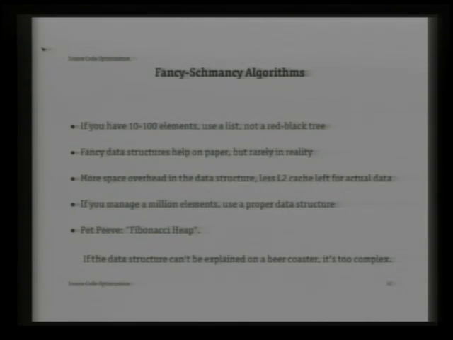Not only does it not make it faster, it also has more overhead because trees have next pointers and left pointers and child pointers, and all of this stuff pollutes the cache. In reality it's usually fastest to do it the simple way. If you see someone use Fibonacci heaps, just shoot them, okay? If you do manage 1 million elements, then you should use a proper data structure. But that's so rare that in most cases you don't. My rule of thumb is if the data structure can't be explained on a beer coaster, then it's too complex.